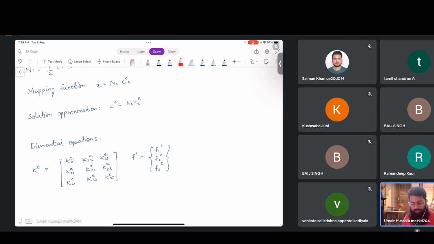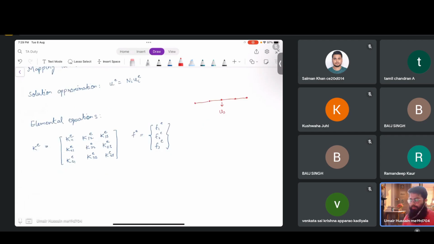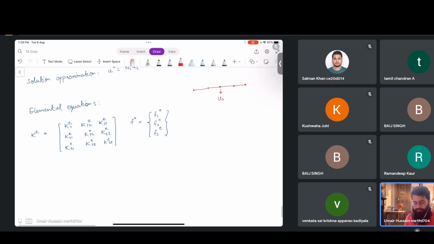And this time, since we have one element having three nodes, and a second element having three nodes, we'll have a global system of equations corresponding to five nodes, where the continuity would be satisfied at this node. So that is how we get the equations for a continuous problem in FEM.